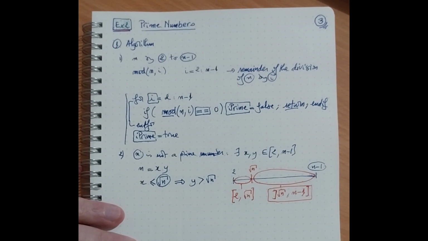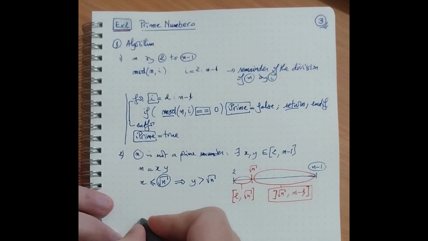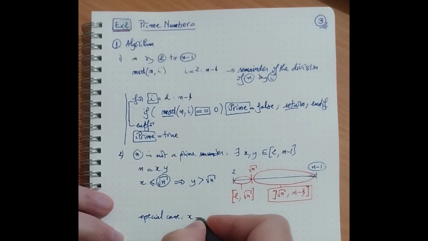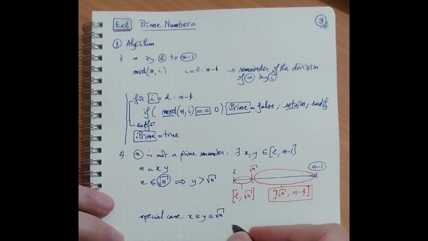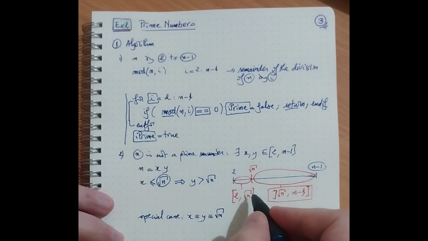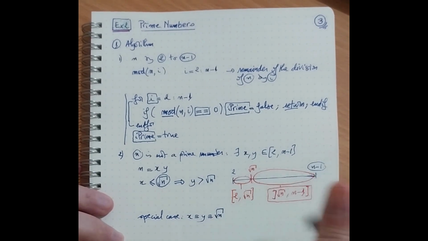There is, of course, a special case when x is equal to y, and both are equal to the square root of n. That is, n is the square of a number. This is a special case, and of course, it will belong to the first set.